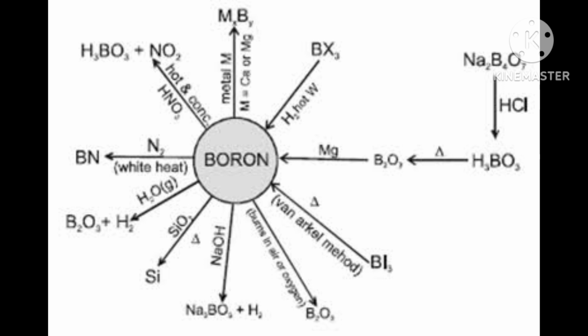Ionic radii you can see. M3+ means when all 3 electrons go outside, then M3+ will form. Then what is the radius in picometer? For boron it is 27 picometer. Aluminum is 53.5, and gallium 62, indium 80, and thallium 88.5.